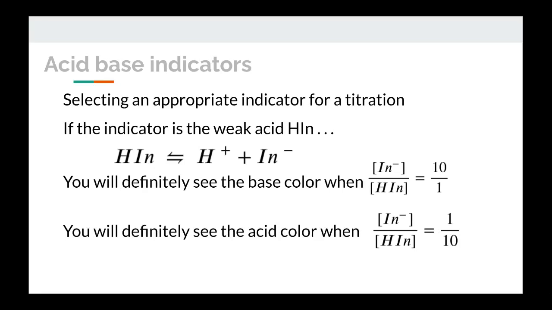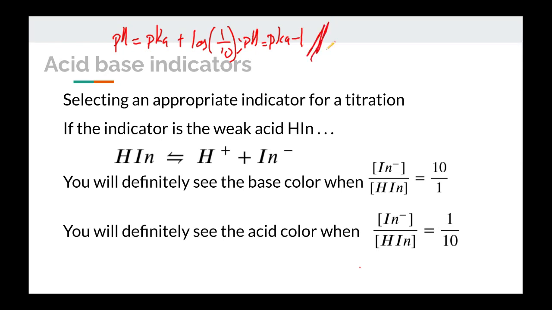So let's use the Henderson-Hasselbalch equation to figure this out. What would be the pH when you would see the acid form? Well, it would be equal to the pKa for the indicator, because it's an acid, remember, so it's going to have a pKa, plus the base 10 logarithm of 1 over 10, because your acid is 10 times more concentrated than your base when you would see that. The log of 1/10 is -1, so that would be when the pH is equal to pKa minus 1.